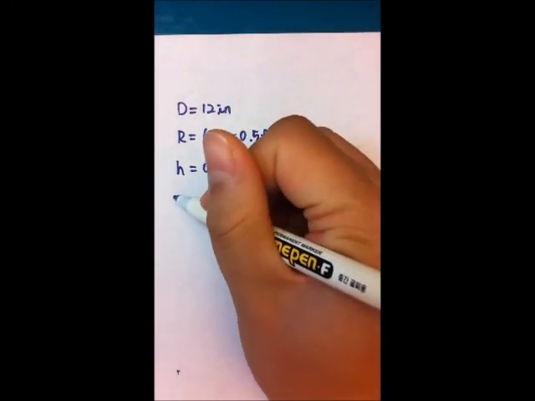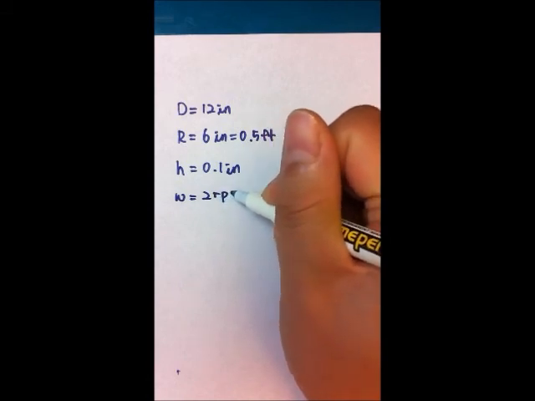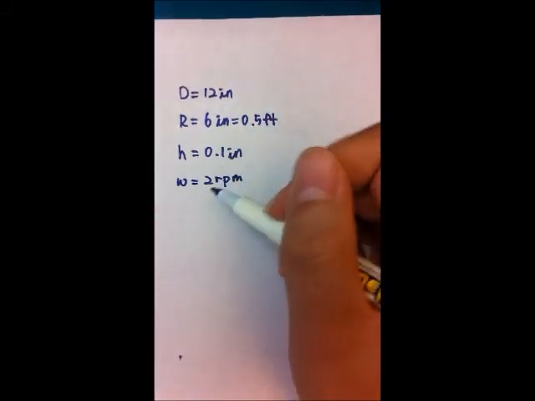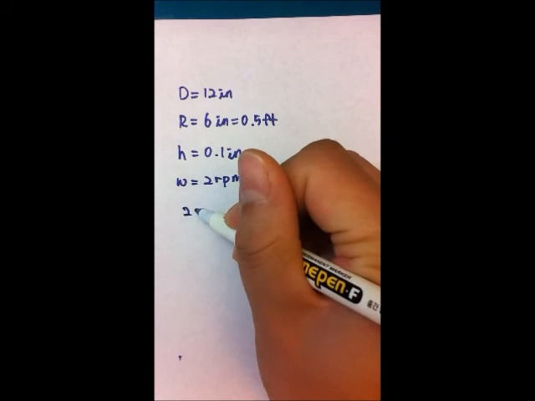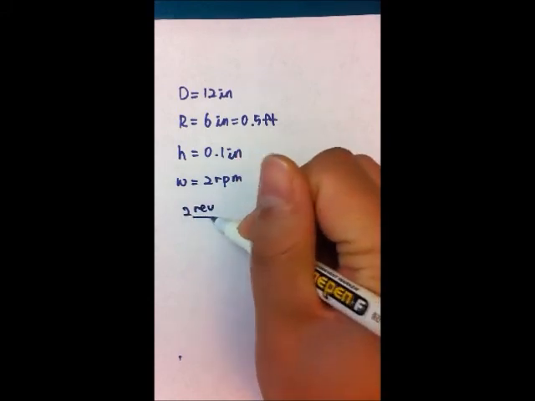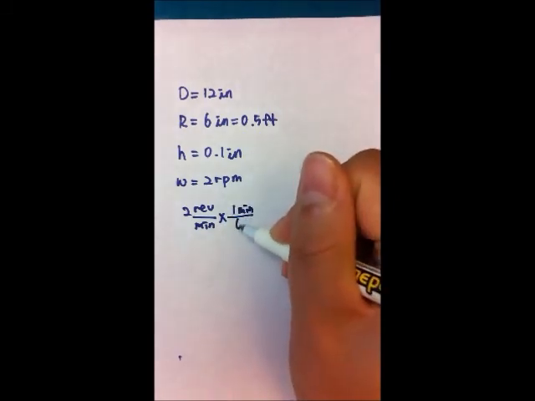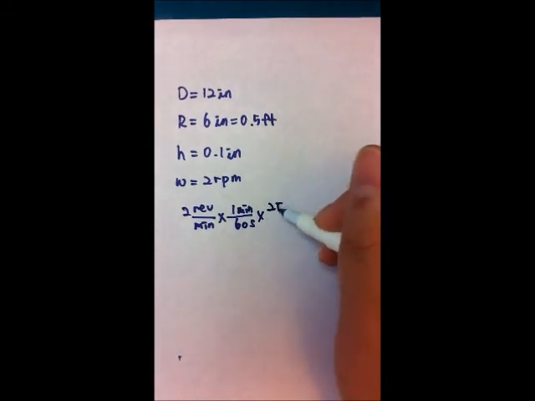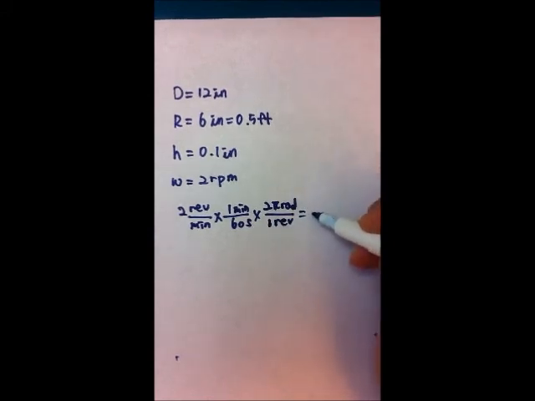And we have omega, which is angular velocity, is 2 revolutions per minute, and we need to convert this to radians per second, so it's basically 2 revolutions per minute times minute over 60 seconds times 2 pi radians, which is 1 revolution, and we have 0.209 radians per second.